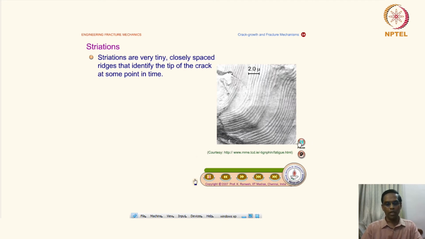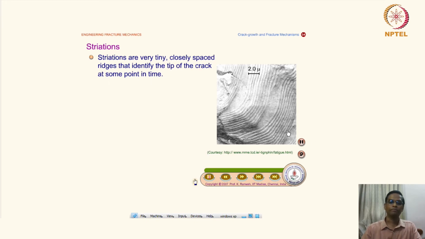In fatigue loading, one of the signature fracture surface indications is the formation of striations. Striations are very tiny, closely spaced ridges that identify the tip of the crack at some point in time.